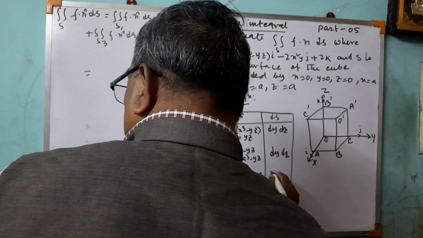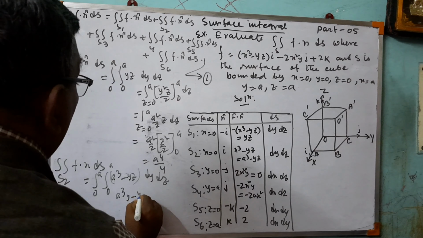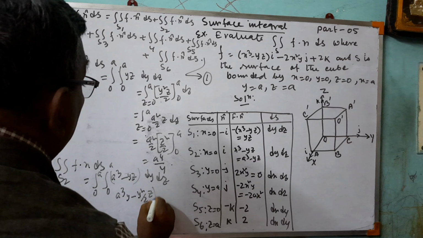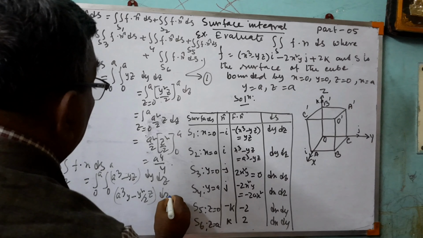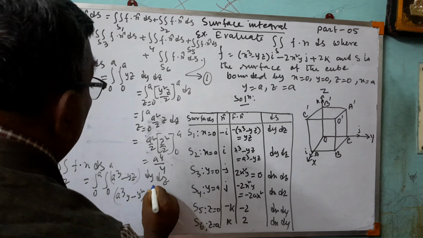So that is a cube y minus y square by 2 z, into dz, z equal to 0 to a.